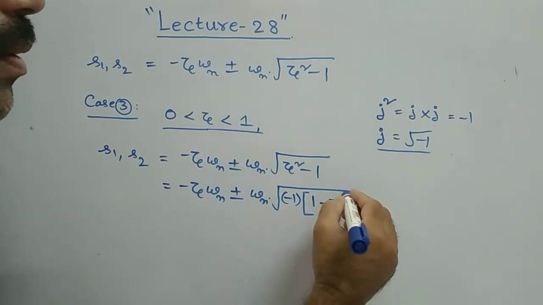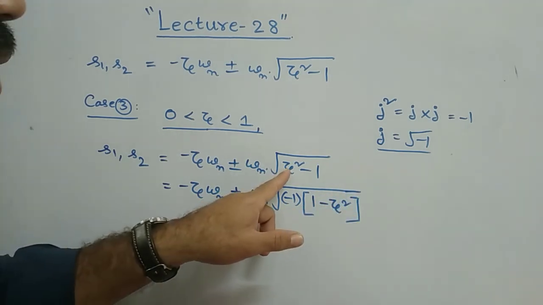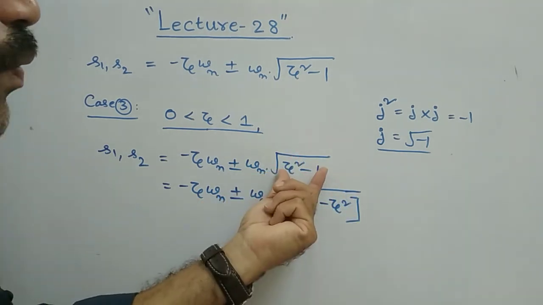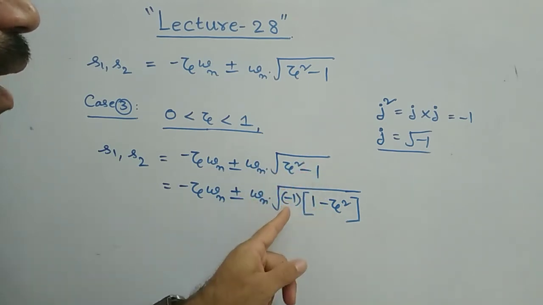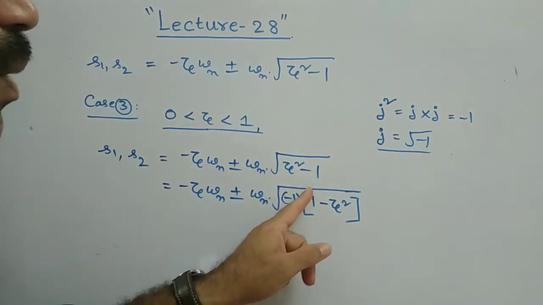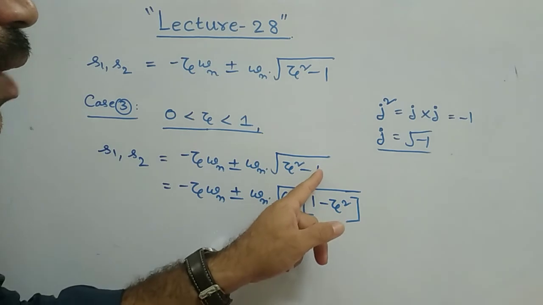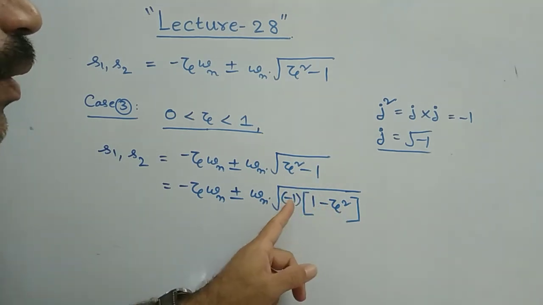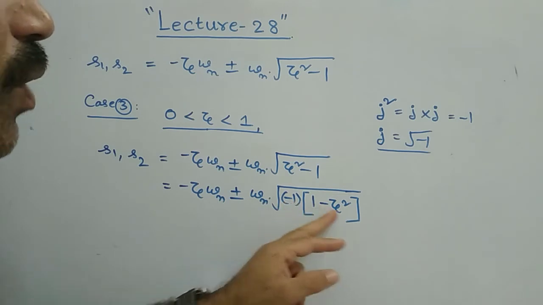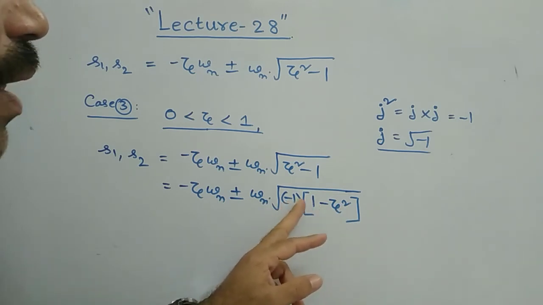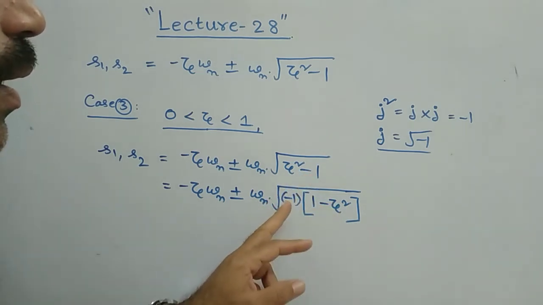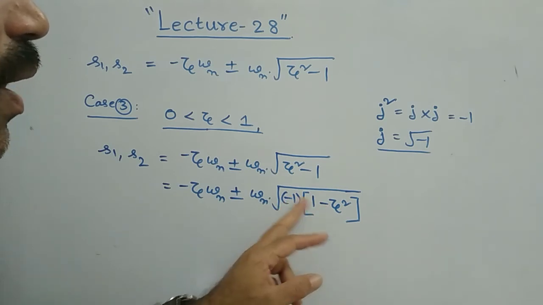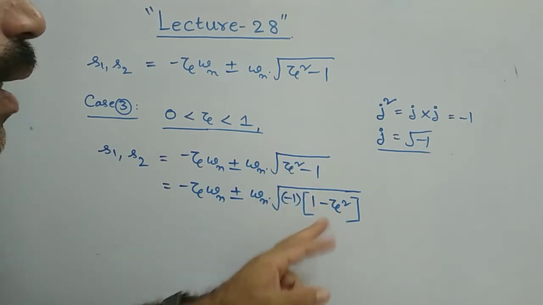Clear? If you take minus 1 as common from zeta square minus 1 and put a bracket, then obviously 1 will come here, then minus zeta square, and then you multiply with minus 1: minus 1 into 1 is minus 1, then minus of minus gives plus 1 into zeta square, so this entire expression is equal to this.